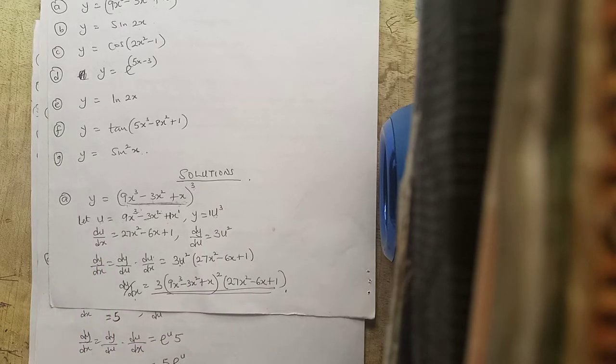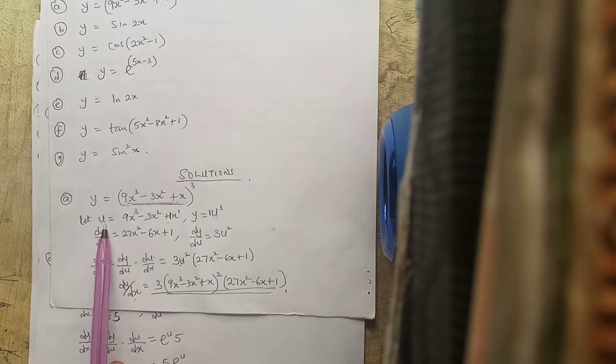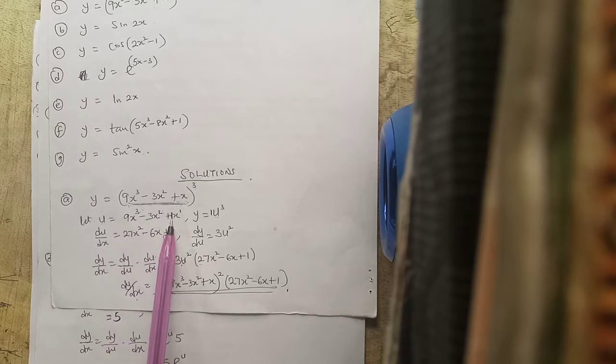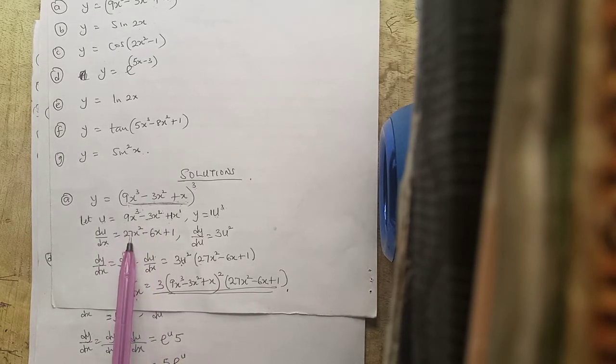Now you differentiate u with respect to x. Just follow the step-by-step procedure, then you will understand better. You differentiate u with respect to x, and that means du/dx. This is a polynomial, so you use the rule for differentiating polynomials. 3 times 9 gives us 27x, and the rule says you reduce the power by 1, so you have 2.